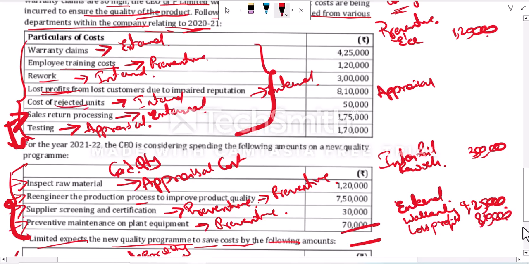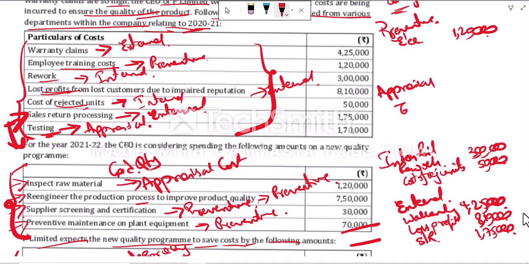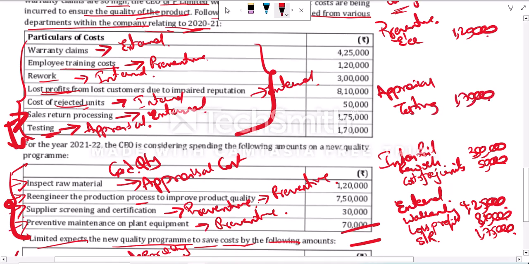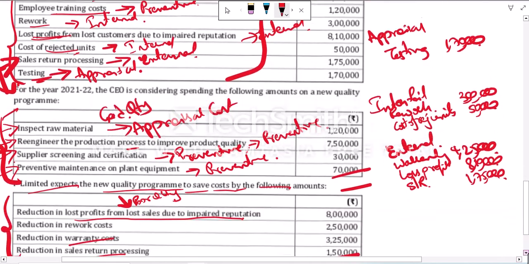Cost of rejected goods, internal failure cost, 50,000. Sales return processing, external, 1,75,000. Testing, appraisal cost, 1,70,000.